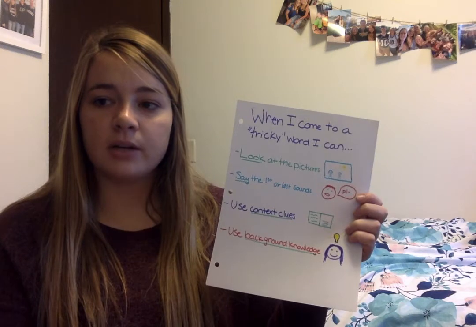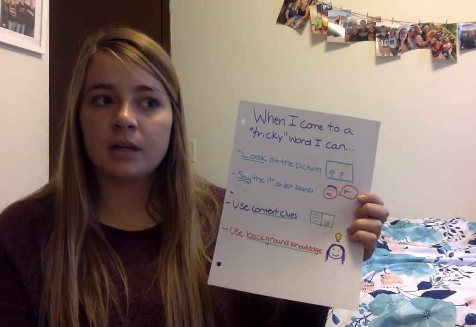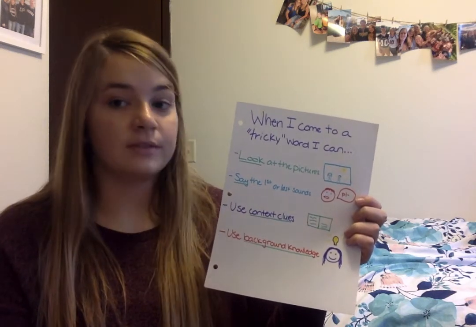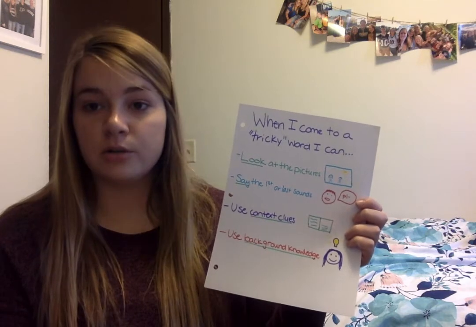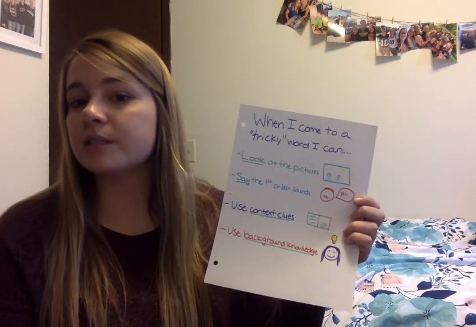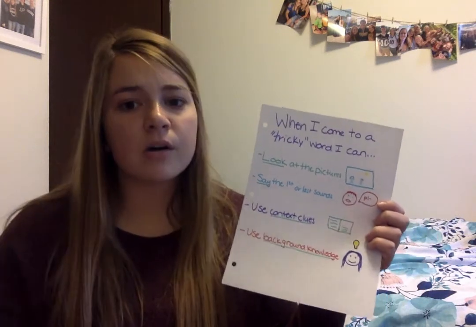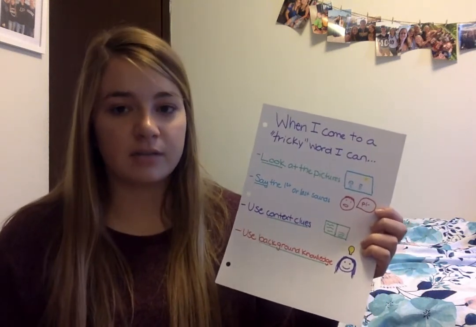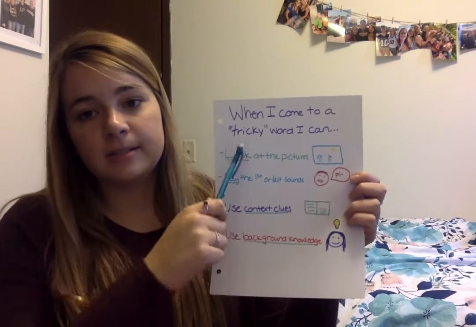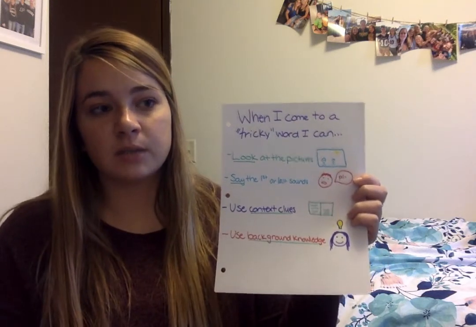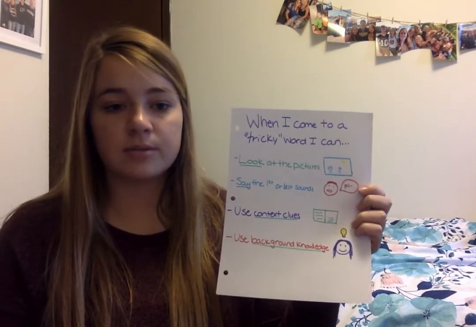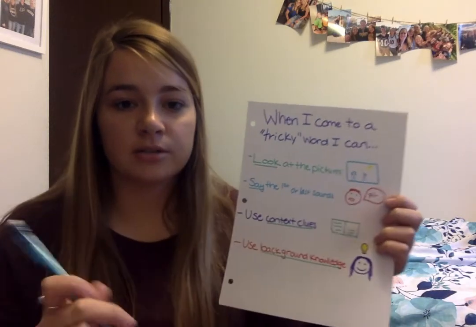So you may know that a dolphin lives in the ocean. So if you don't know the word ocean, but it's talking about a dolphin and where it's living, you might be able to use that background knowledge in your head and come up with, oh, they live in the ocean. So I can figure that out. So we can just reference this chart throughout while you're reading. I'll have it hung up in the classroom to help you figure out those tricky words.